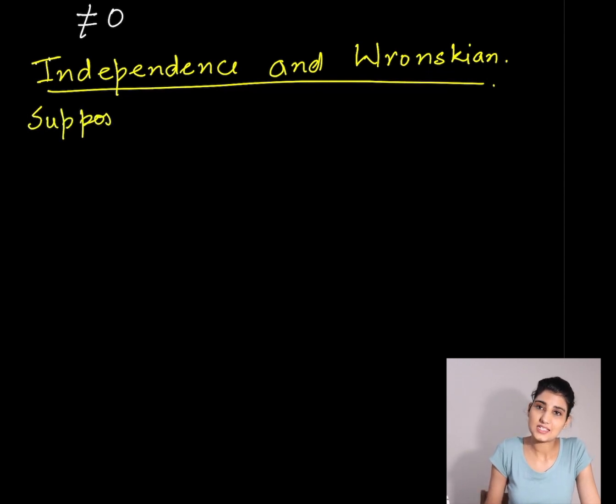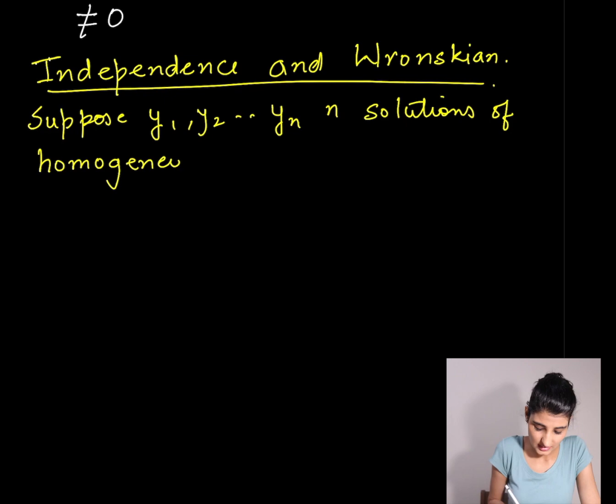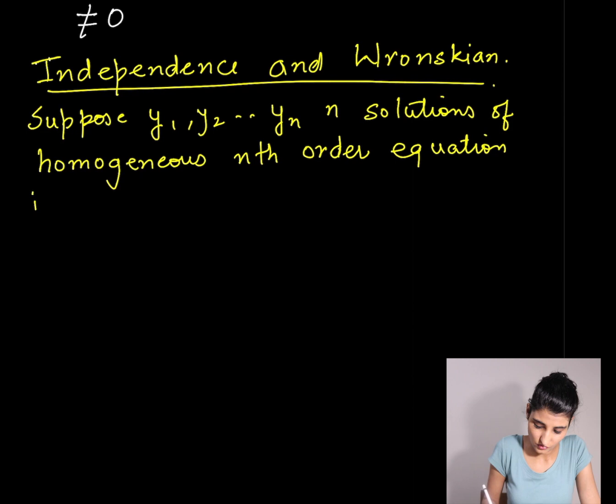And what it says is, suppose you have y1, y2 up to so on, yn, n solutions of a homogeneous nth order equation.